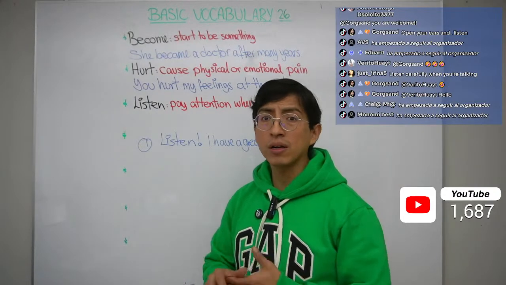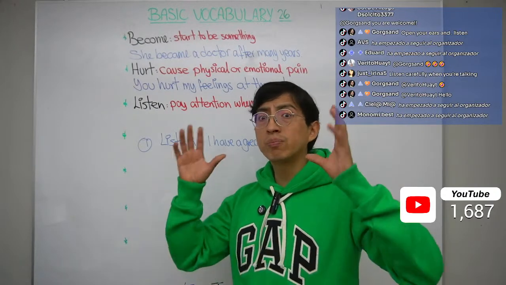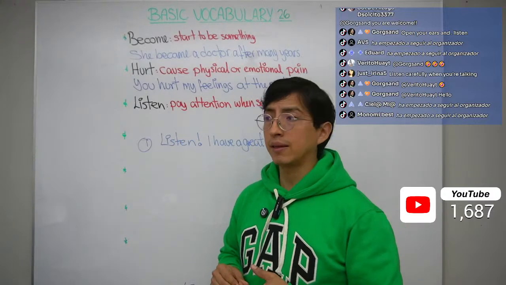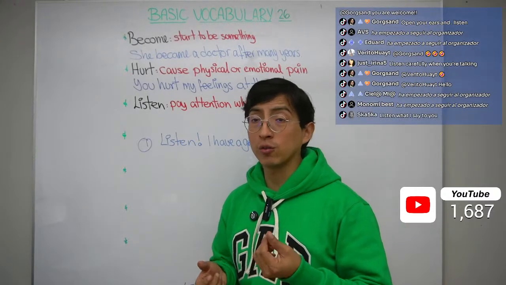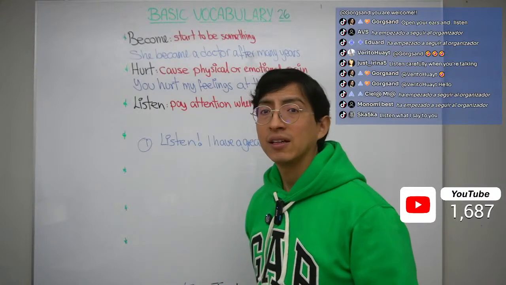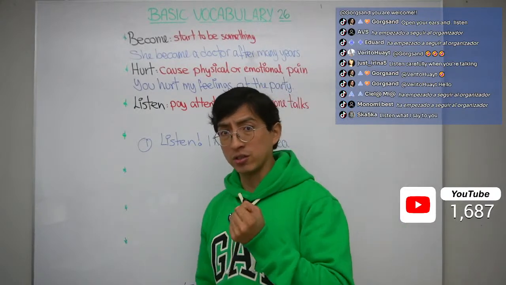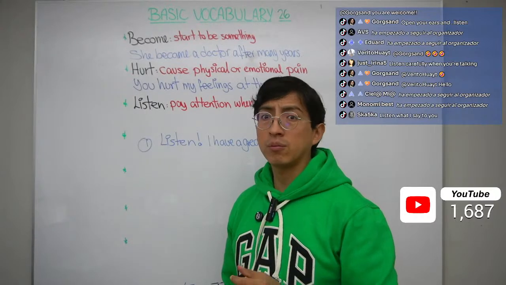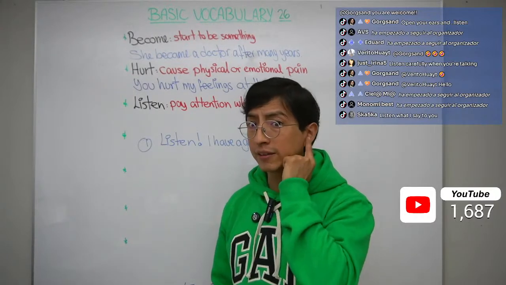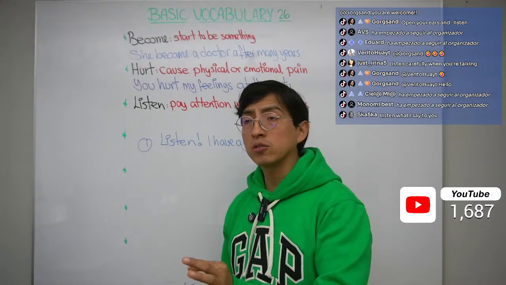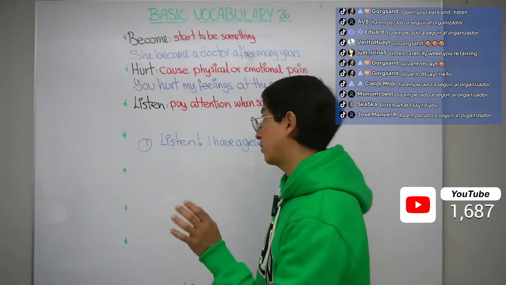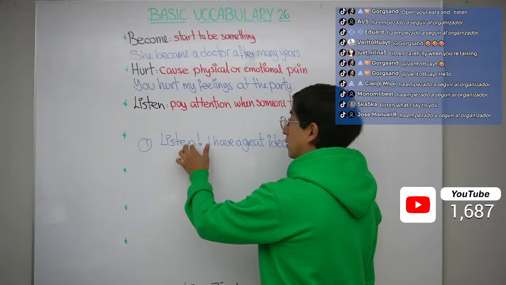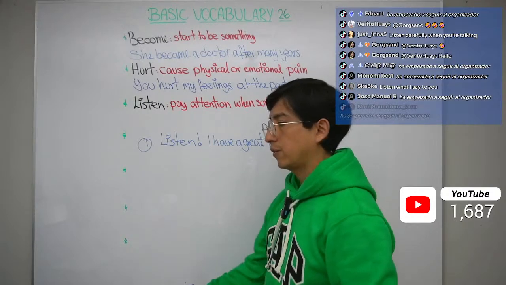I was taking a shower, and then I had this big idea that can help us make a lot of money, right? So when you want to get the attention of someone, you can say, "Hey, listen, I have something very important to tell you." That's the first thing.